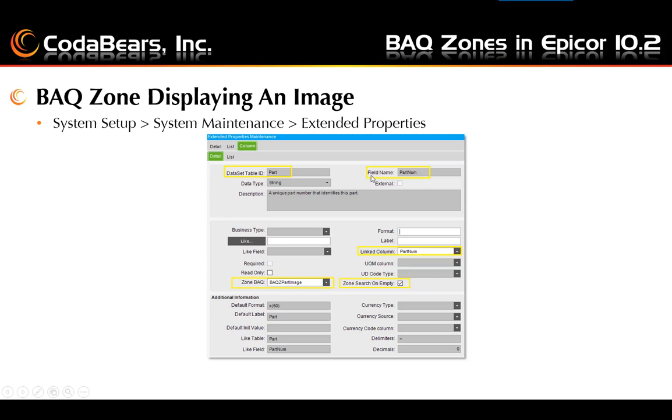So in the part table I'm using the part num field again, and I choose which linked column, which would be the part number column that I want to link to, and I choose my zone BAQ that I created from the drop down list, the BAQ Z part image BAQ, and then again I can check the box for zone search on empty if we want to see all the results when nothing is typed into the search field.